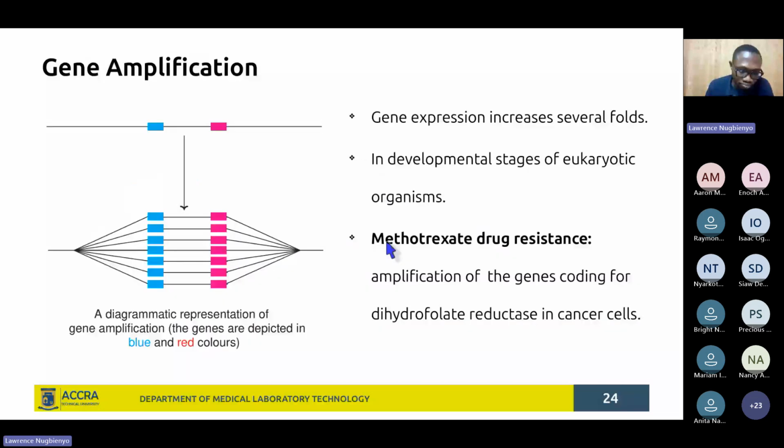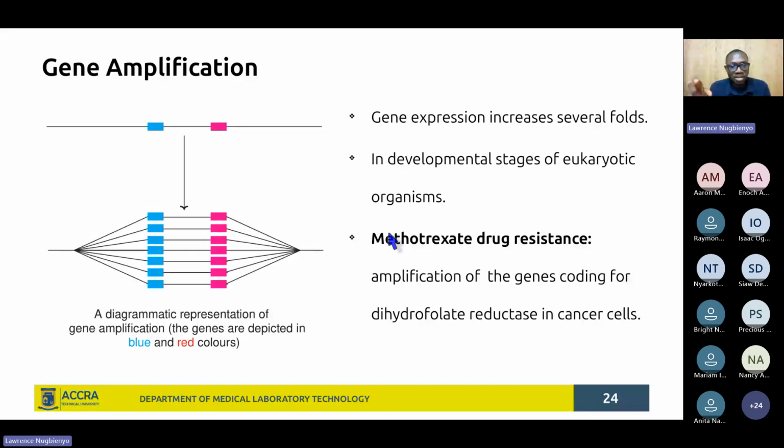All right. Now, we can also talk about another form of gene regulation in eukaryotes that we refer to as gene amplification. Here, gene amplification is different in this context from what you refer to when talking about, say, PCR, polymerase chain reaction.